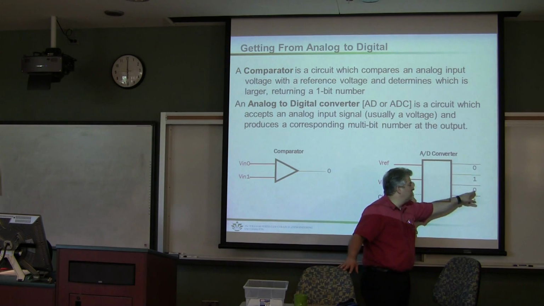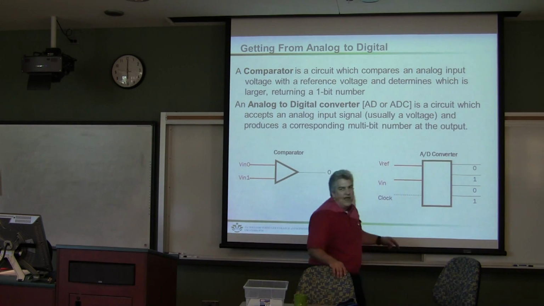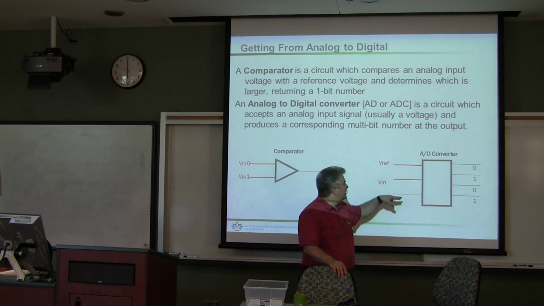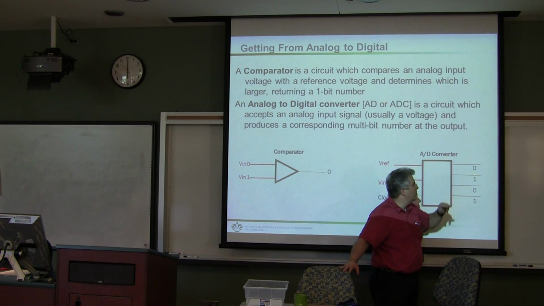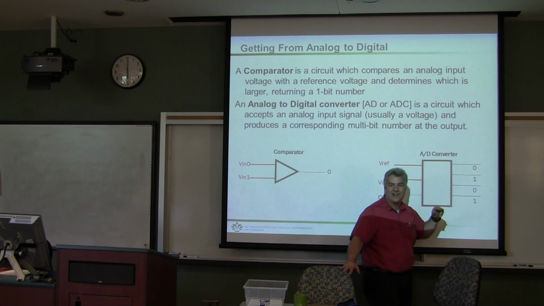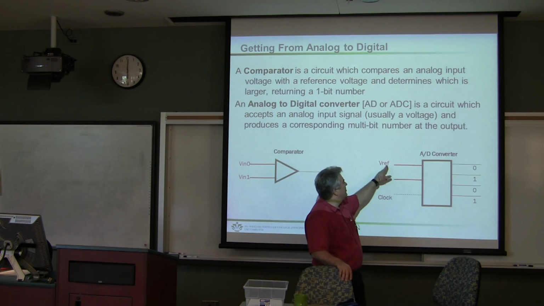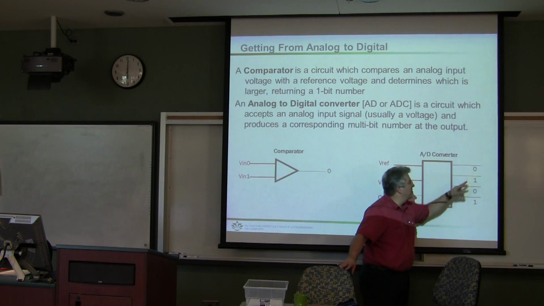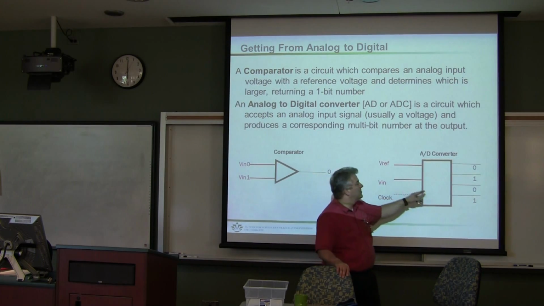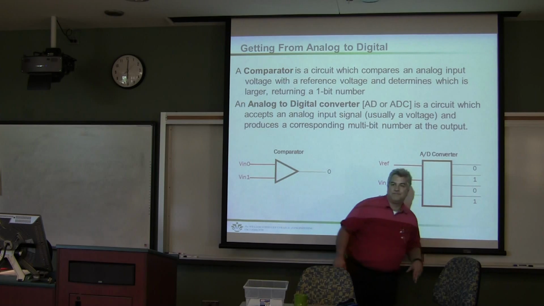So this would be 0, 0, 0, 0. If I measure 7 volts, it's at the high end. So this would be 1, 1, 1, 1. Oops, nope. I should say 0 to 15 volts. All right, that makes it better. 0 to 15 volts. If I have 0 volts, it's 0, 0, 0, 0. If I have 15 volts, then it's 1, 1, 1, 1.